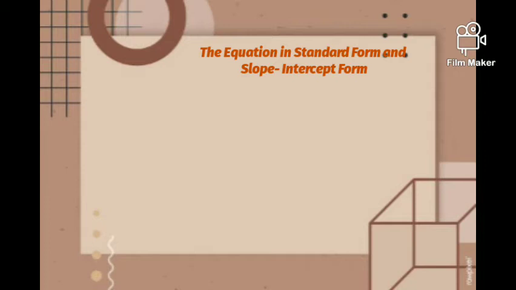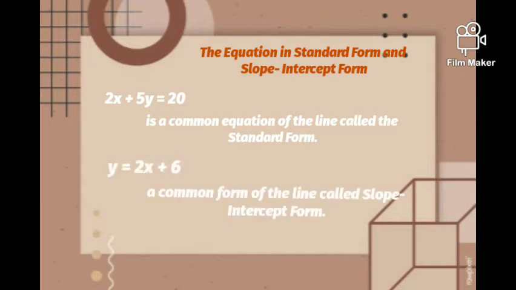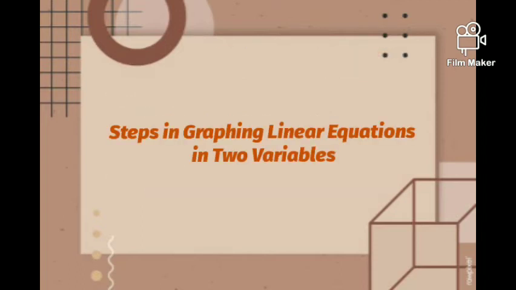The form 2x plus 5y equals 20 is a common form of the equation of the line called standard form. And the equation y equals 2x plus 6 is a common form of the equation of the line called the slope-intercept form.